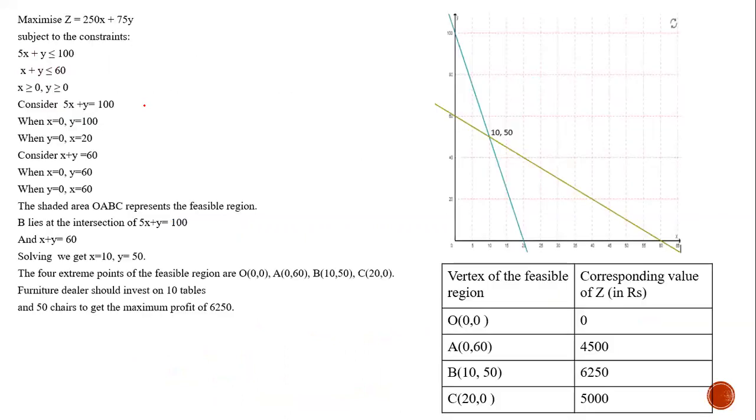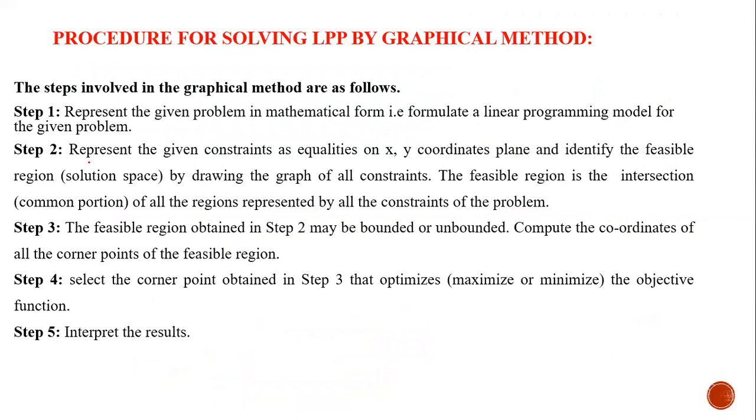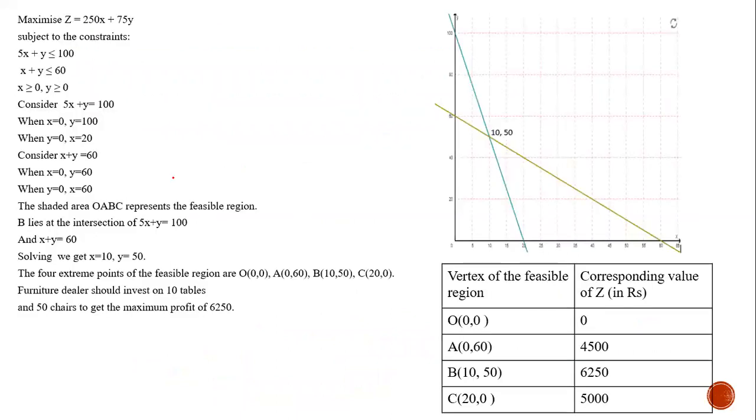Step 2 says represent the given constraints as equalities on the x and y coordinate plane. Whenever it is less than or equal to or greater than or equal to, all that type of equations represents an inequality. In order to solve the problem, let us represent this in terms of an equality condition. So 5x plus y is equal to 100.